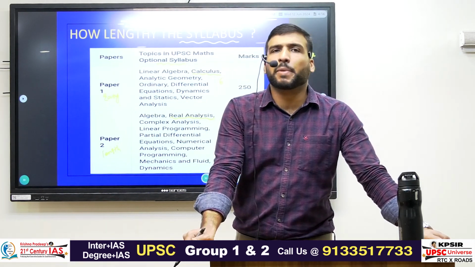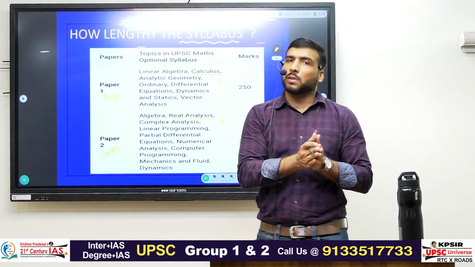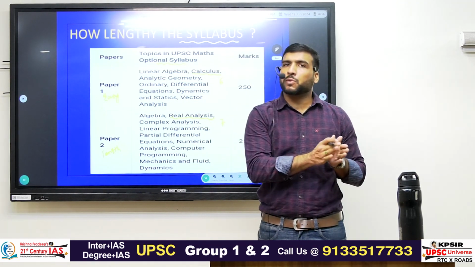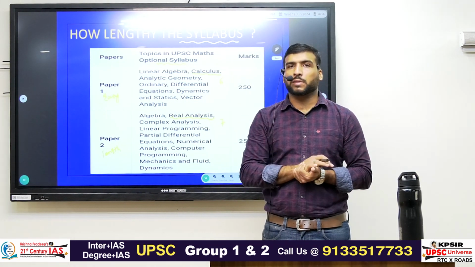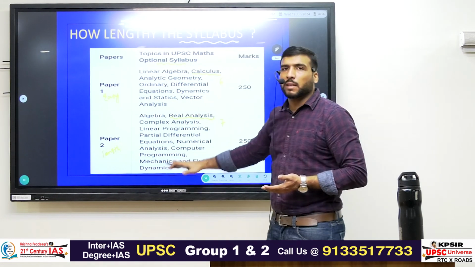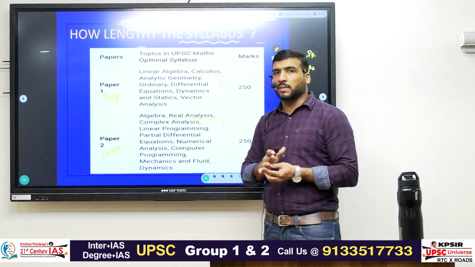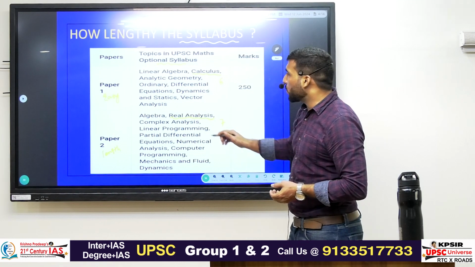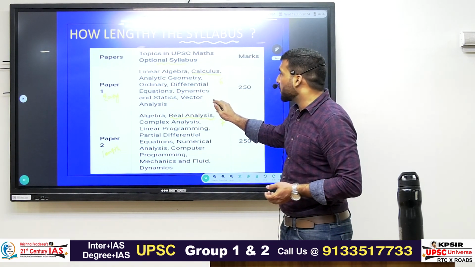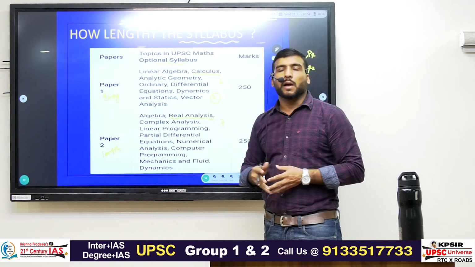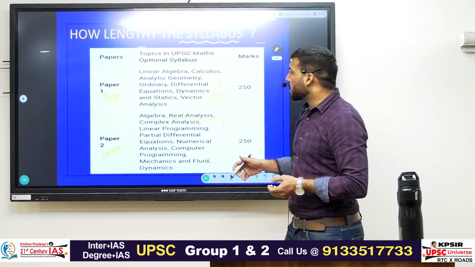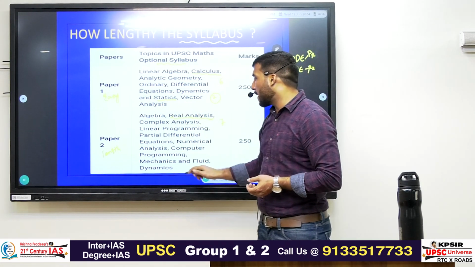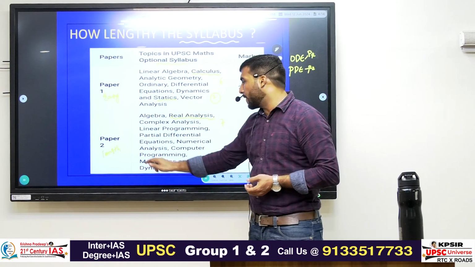Maths optional is basically helpful for both engineering maths background students and non-maths background students. The reason is that the entire syllabus is related to your 10th standard. Another thing you have to learn is that there are 2 chapters which are related to physics also. For example, statics, as well as mechanics and fluid dynamics.